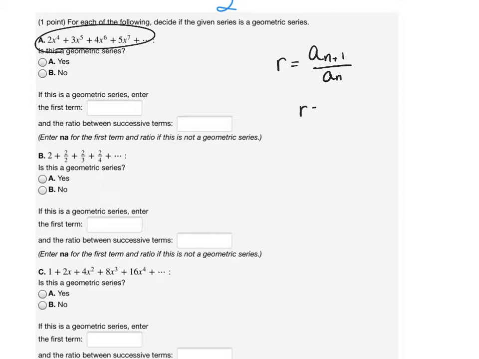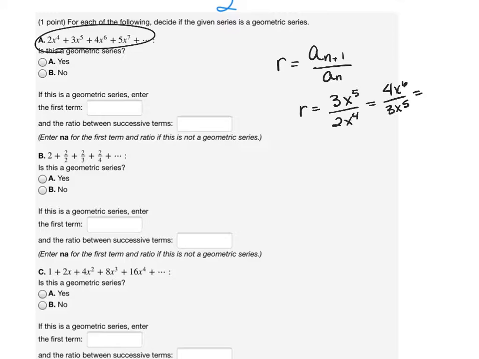So I'm going to do the ratio of 3x to the 5th over 2x to the 4th. Then I'm going to ask myself, does that give me the same answer as 4x to the 6th divided by 3x to the 5th? And then I'm going to continue down the line.